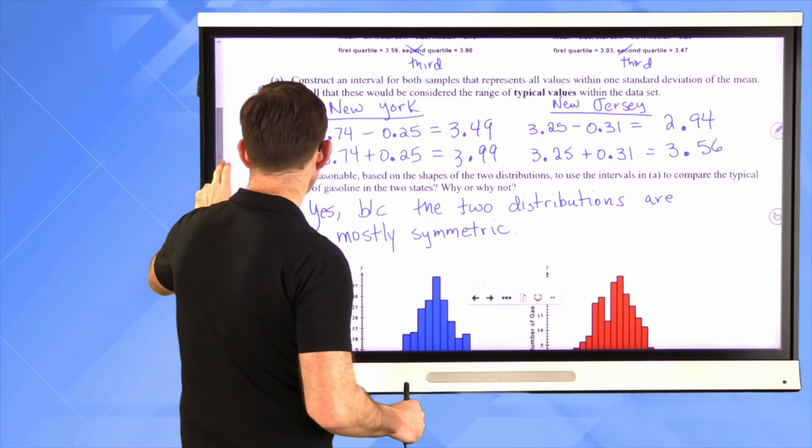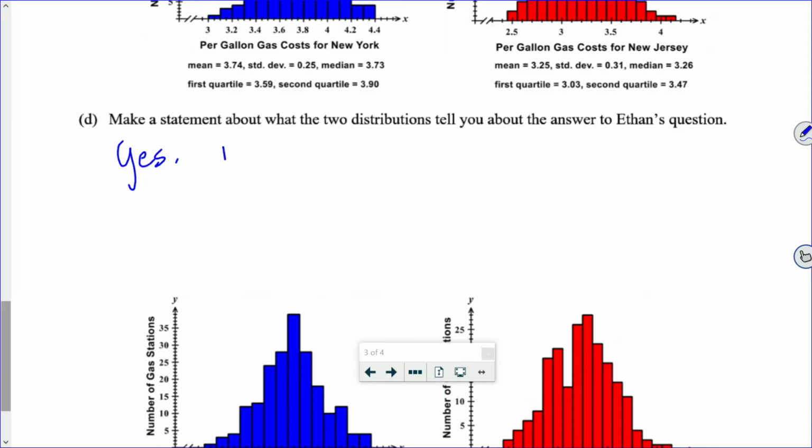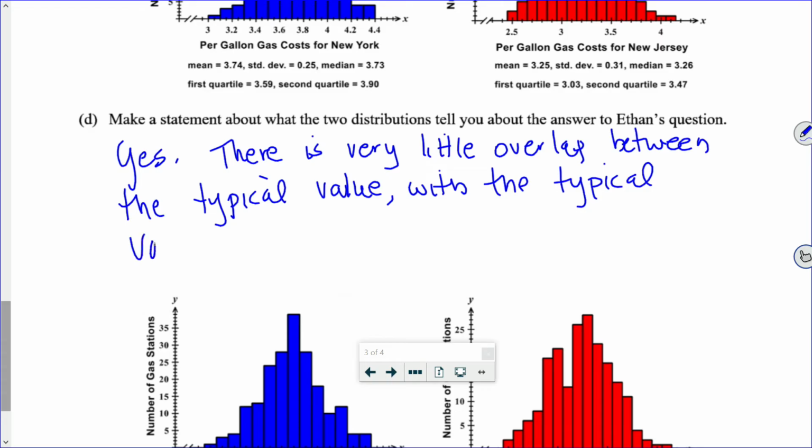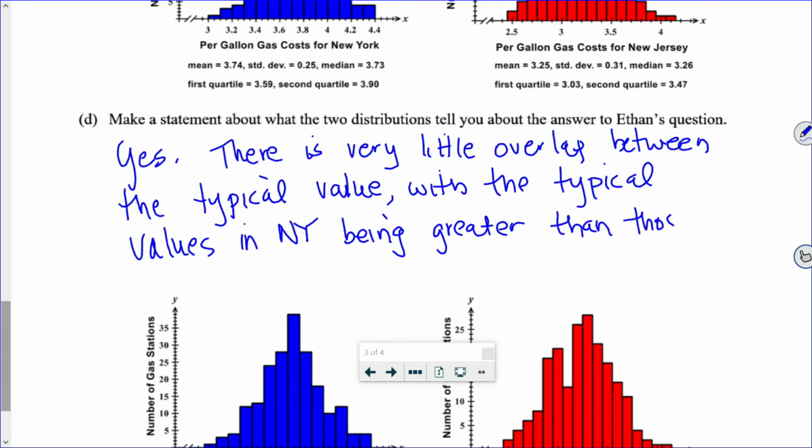So what I'm going to say here is, yes, there is very little overlap between the typical values, with the typical values in New York being greater than those in New Jersey.